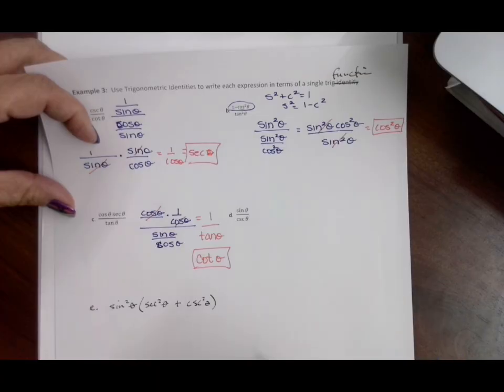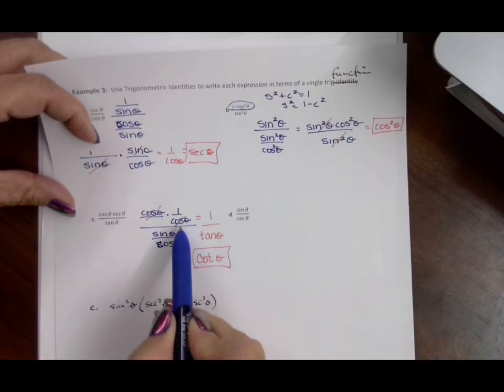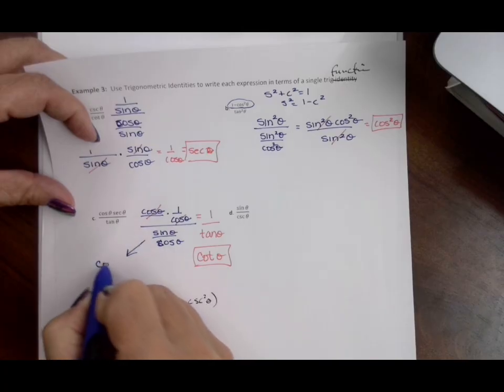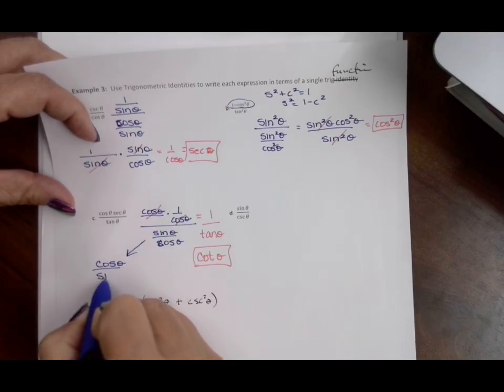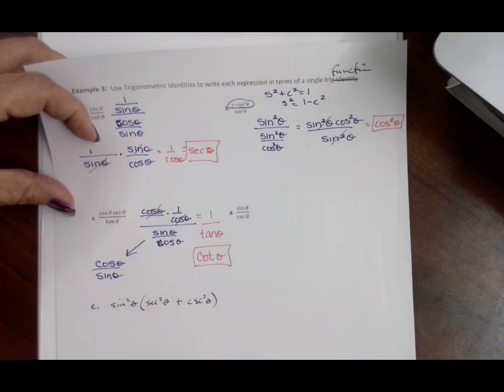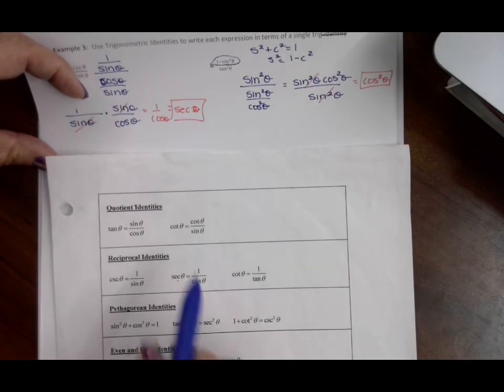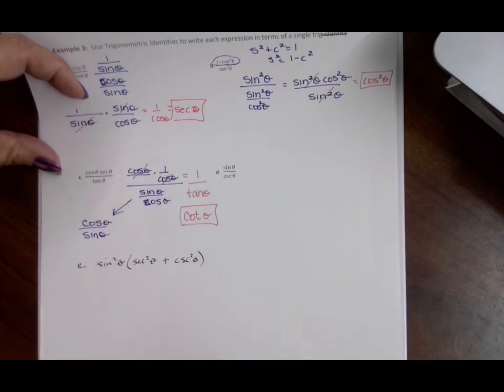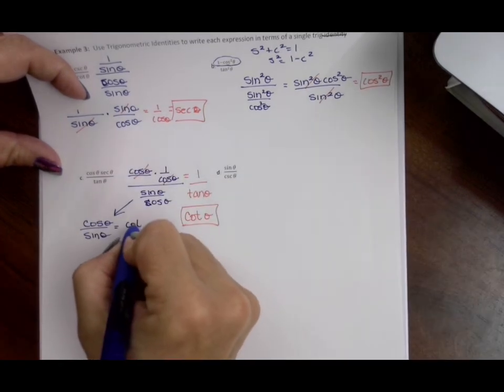Now, let's say that I didn't see this and I kept it here. So because my numerator is 1, this guy would simplify into cosine over sine. And if we looked back at our IDs, get my cheat sheet here, cosine over sine is the same as cotangent. So this guy equals cotangent.